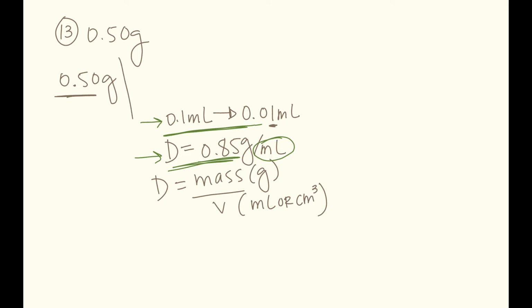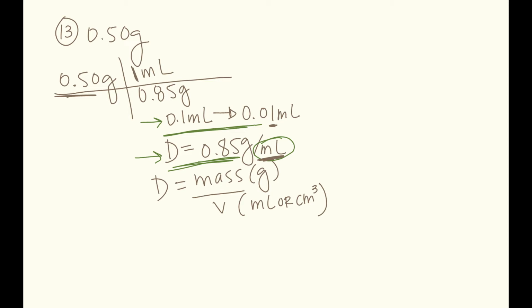So I'm going to write down my conversion factor, in this case my density. For every 1 milliliter, I have 0.85 grams. Make sure not to be confused that density is grams or mass per 1 unit of volume, so there's an imaginary 1 in front of that milliliter. That's why we put it right here.